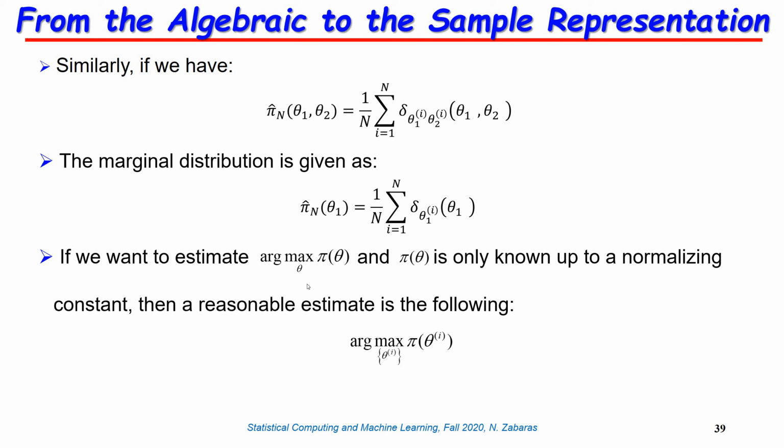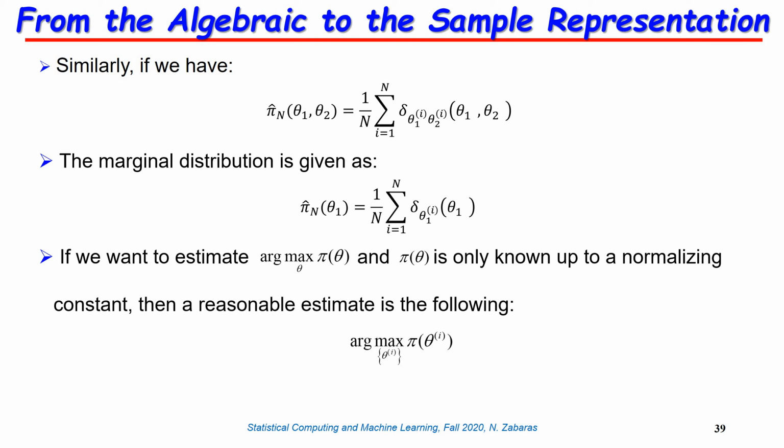What you do is take the empirical approximation of that posterior in terms of samples theta 1, theta 2, etc. Then the MAP estimate is the theta i that is the maximum of these samples. That's it.